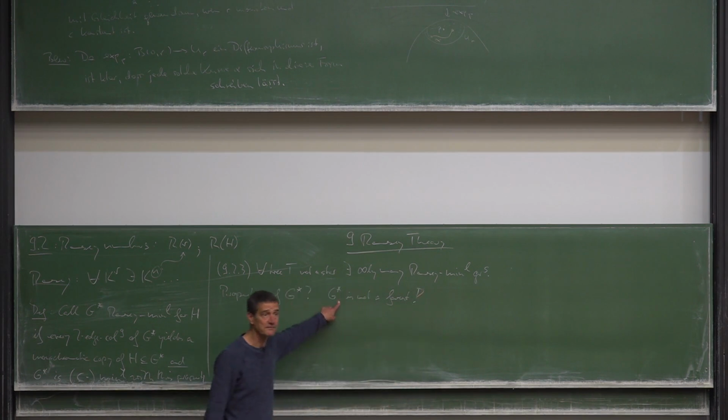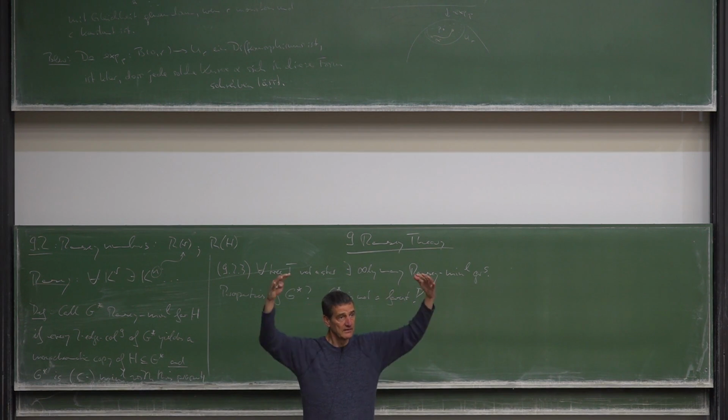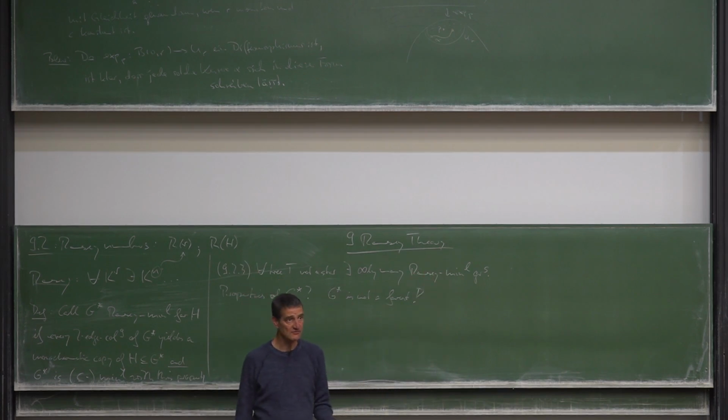G star can't be a tree or a forest. Why? Because you can two-edge color any tree by coloring the distance classes alternately. So pick a vertex, color all the incident edges green, color all the uncolored edges incident with the neighbors red, color all the edges incident with those that don't have a color yet green, and keep doing that. So that's a proper two-edge coloring of any tree or forest.